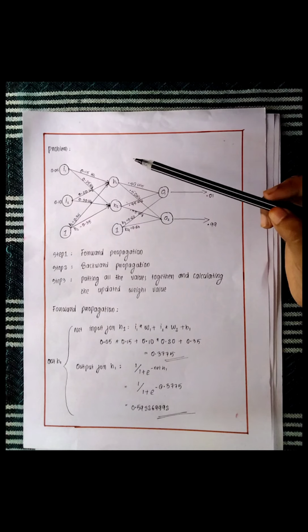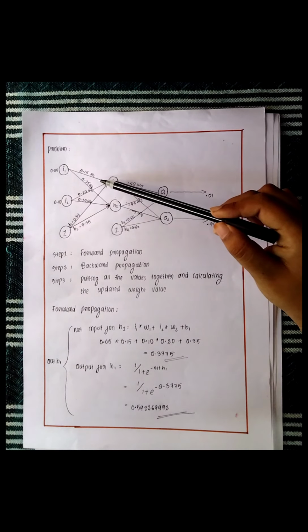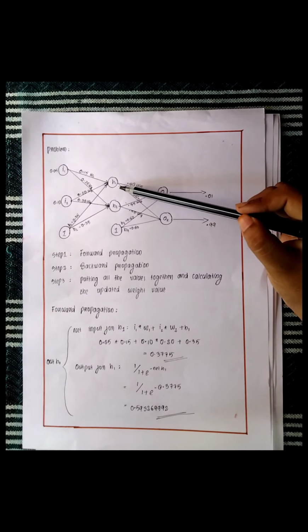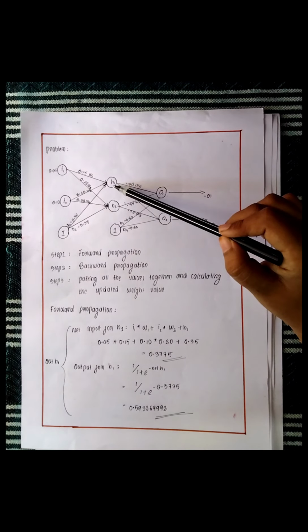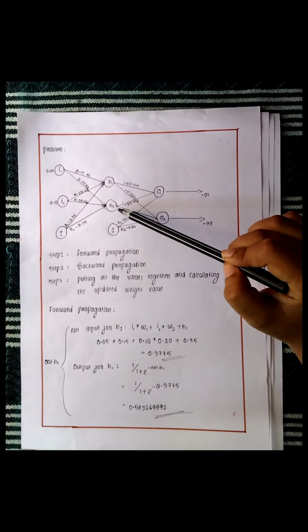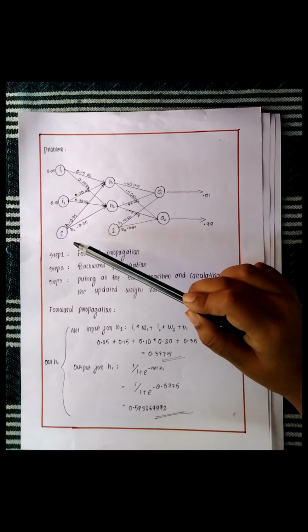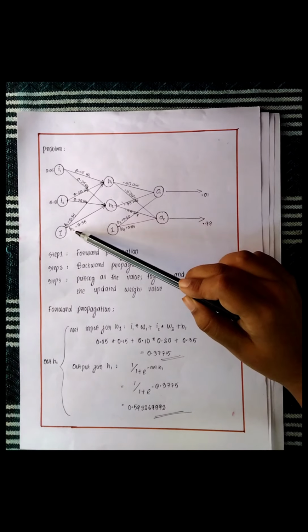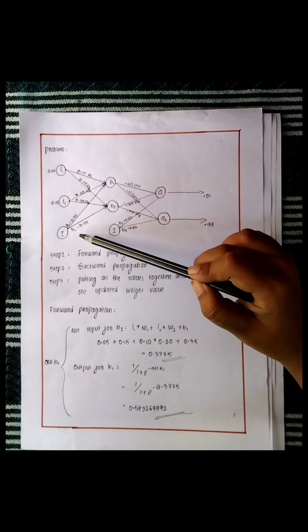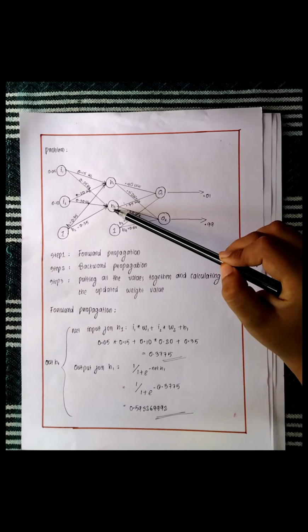And we are seeing different weights, that is W1, W2, etc. up to W8. W1 and W2 go to H1, and W3 and W4 go to H2, and this one is for the bias value. The biases B1 and B2 are the same for both H1 and H2.